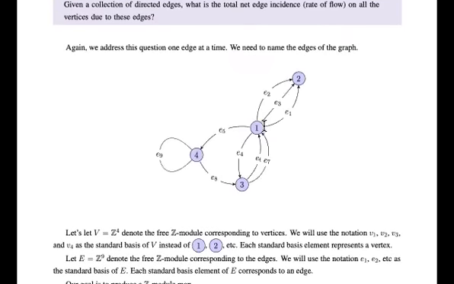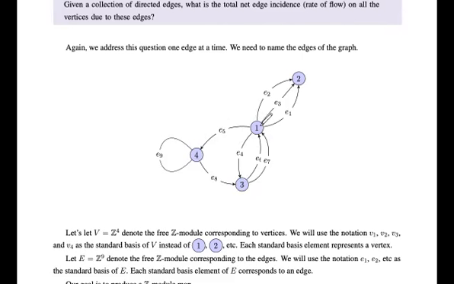So for instance, what if we selected E5, E8, and E7? All right, so just those ones. Let's just think about it. Then what kind of incidence do we get at vertex 1?